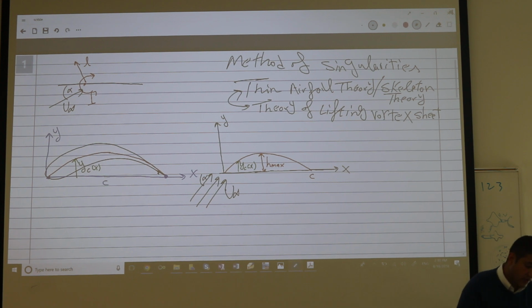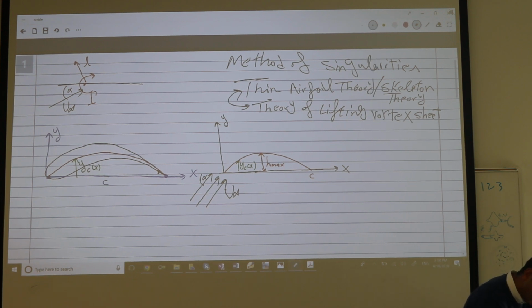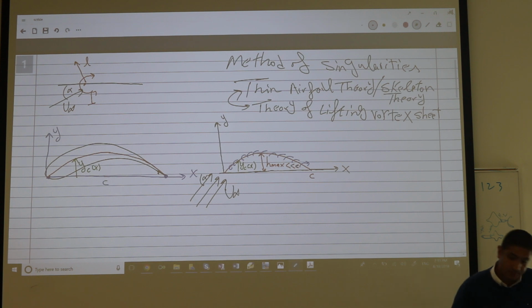Okay, the method of singularities dictates that you replace your shape with singularities. Here we will choose vortices. So we have gammas, okay? Two-dimensional. The maximum camber is small with respect to c, then you can consider this distribution as if it's on the x-axis.